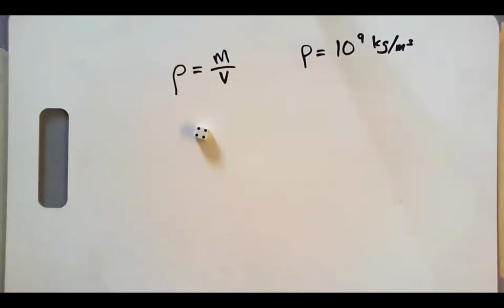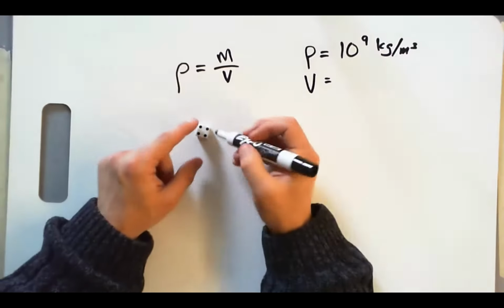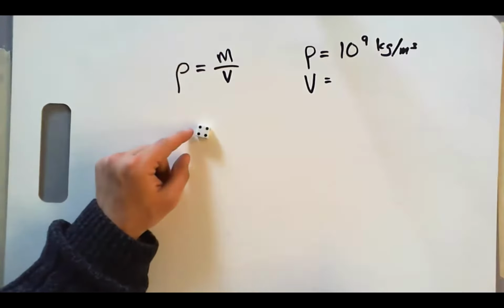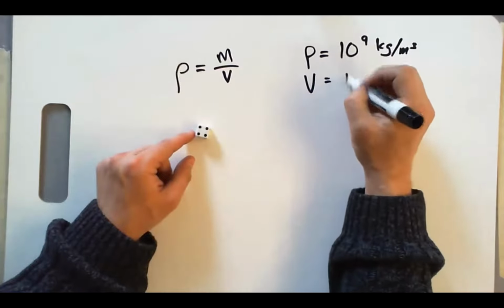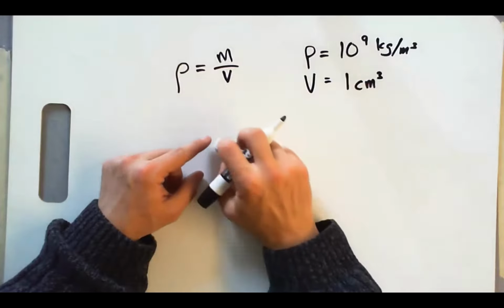And we know that the volume is a centimeter by a centimeter by a centimeter. And so the volume is 1 cubic centimeter.